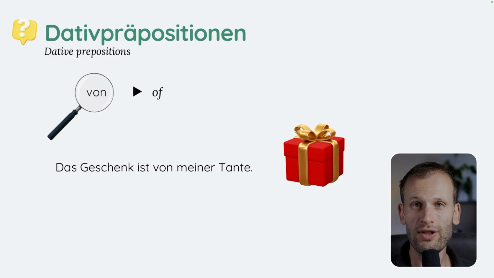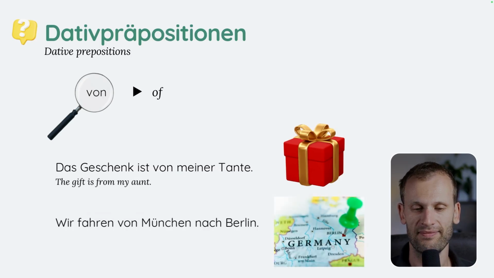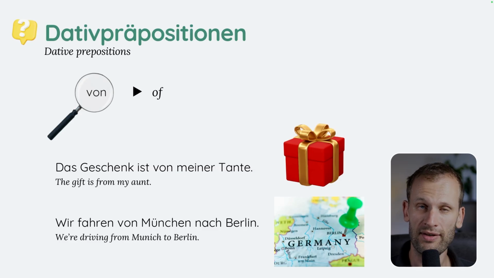So it's not only used for possession, but also for origin, where someone or something like the present comes from. This gift is from my aunt. Last sentence, wir fahren von München nach Berlin. Again, origin. We're driving from Munich, starting point, to Berlin, end point.